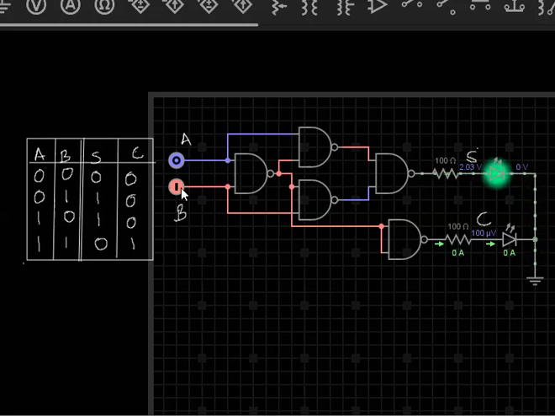Okay, and when A is high and B is low, S is high and C is low. And when both inputs are high, S becomes low and the carry C becomes high. Then it is the final case. Then using NAND gates also we have verified the truth table.